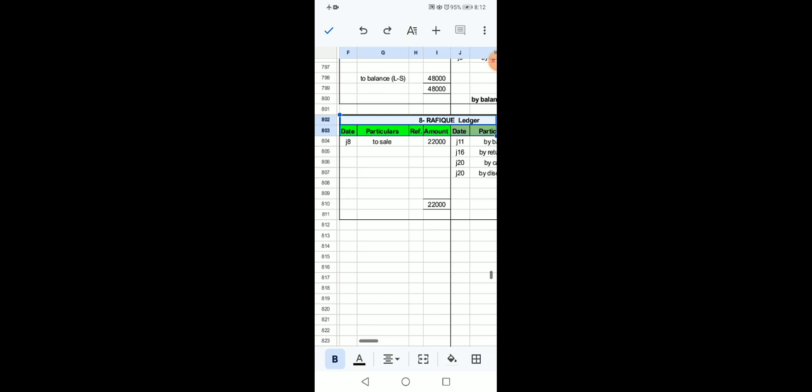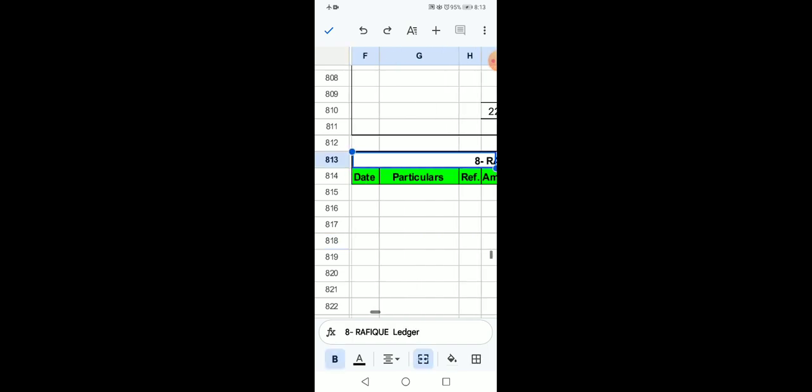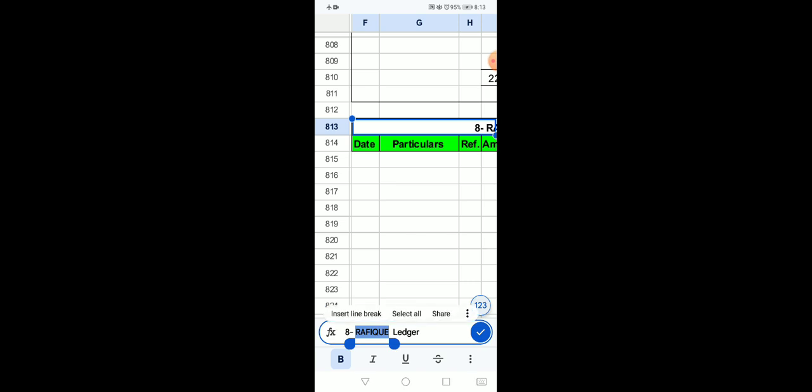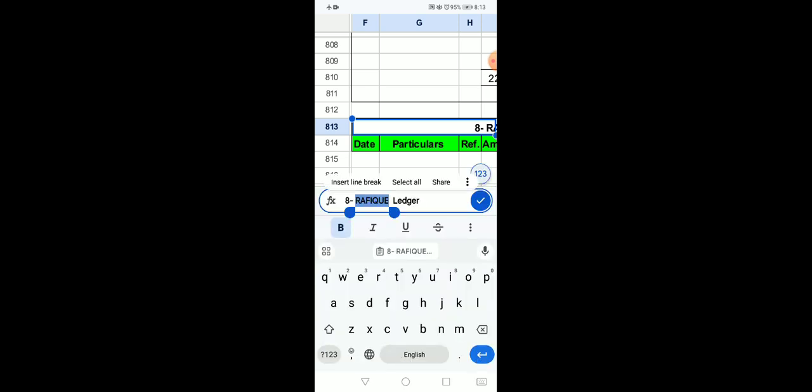I will just take the headings from the previous ledger and use them to make the headings for the next ledger. It's very easy to understand that the headings of the previous ledger are absolutely the same as the headings of the next ledger, and we just need to change the title.